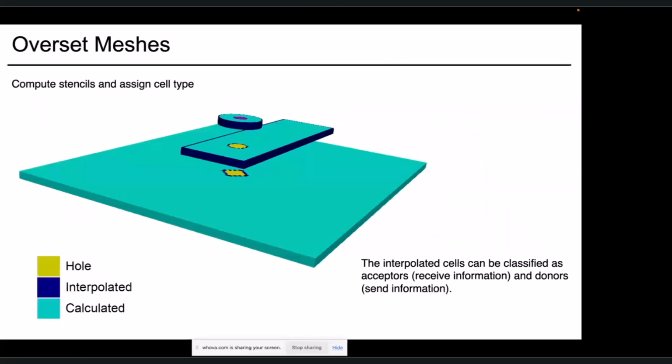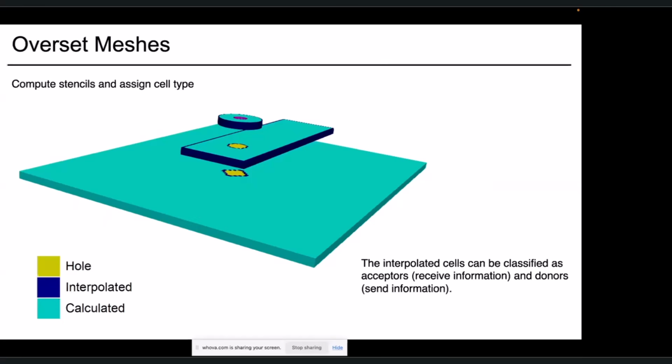So basically in the compute stencil, we have three different types of cells which can be determined by the cell type. One is the hole, second is the interpolated cells, where the interpolation happens, and the other is the calculated cells where we solve the Navier-Stokes equation. Within the interpolated cells, we can classify two different types.